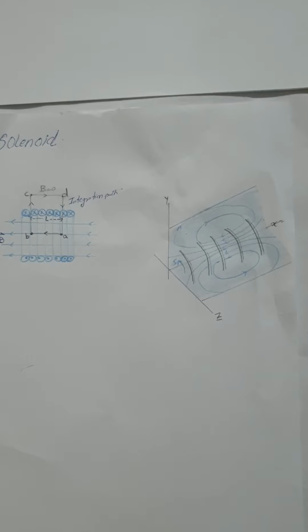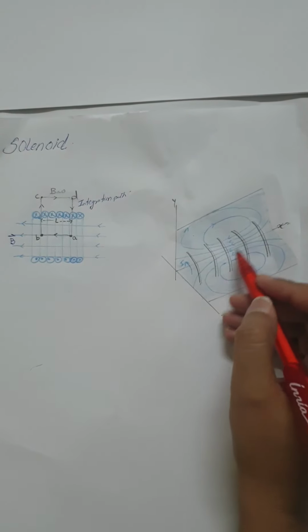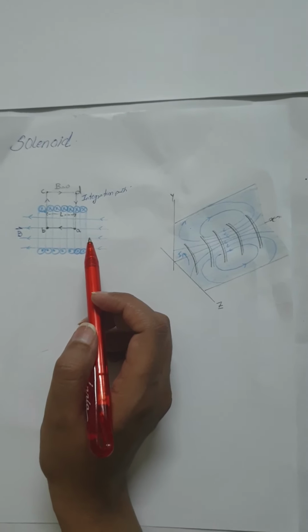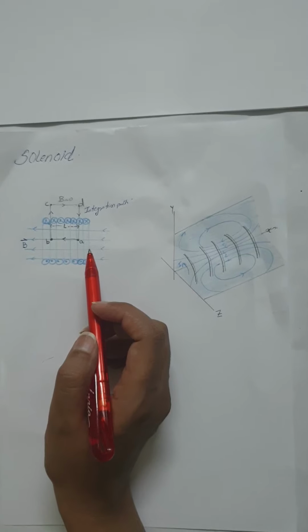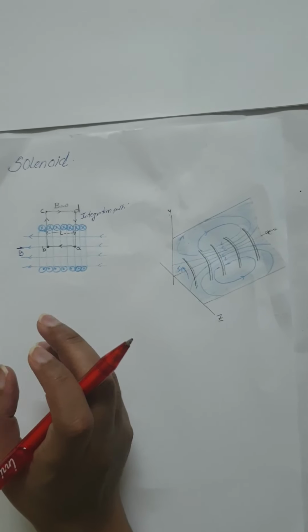So the field lines near the center of the solenoid are approximately parallel, and if they are parallel, it indicates a uniform magnetic field.